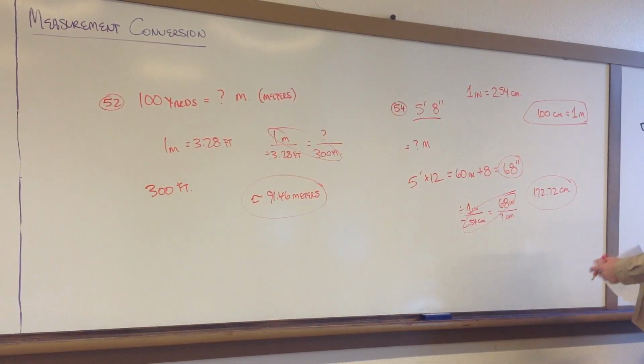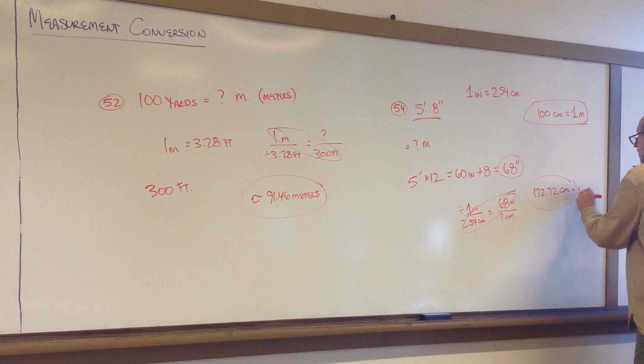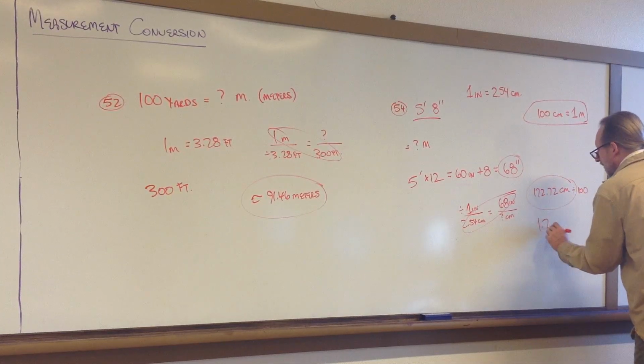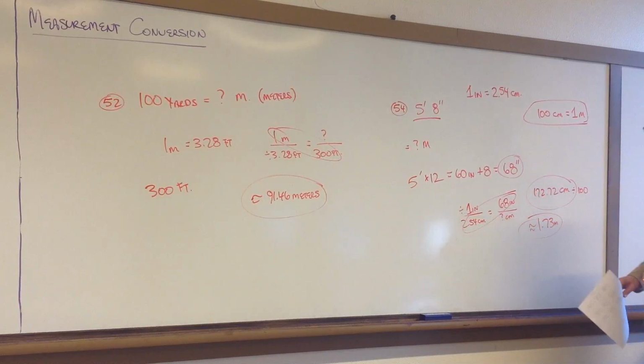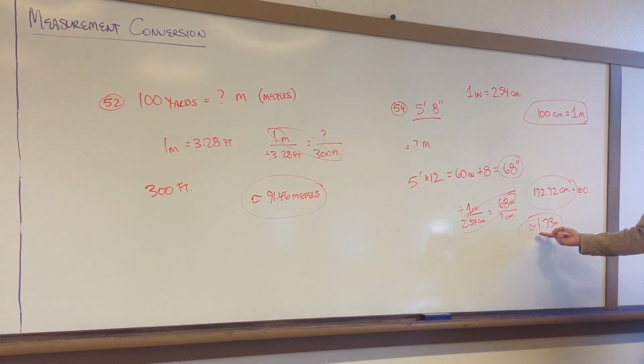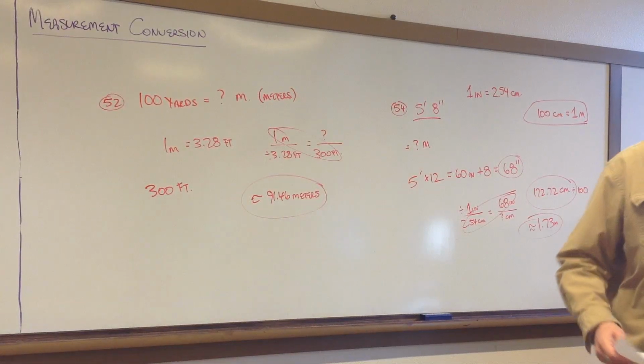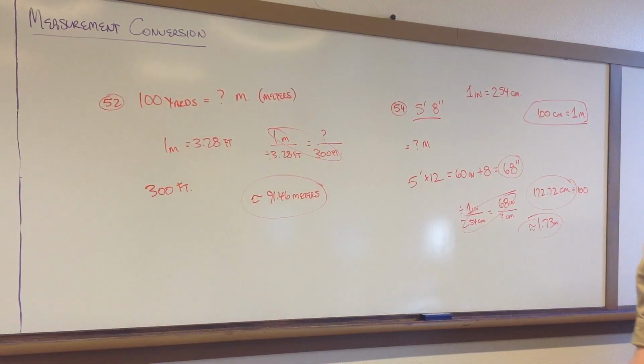So if we divide this by 100, that tells us this will be about 1.73 meters tall. This is a standard way that Europeans express heights, in terms of meters, 1 point something meters. If someone's really tall, they'll be 2 point something meters.